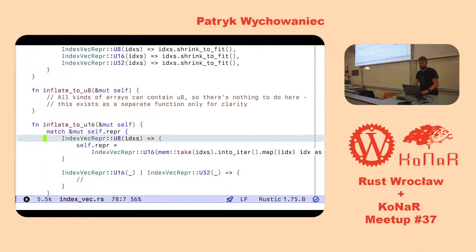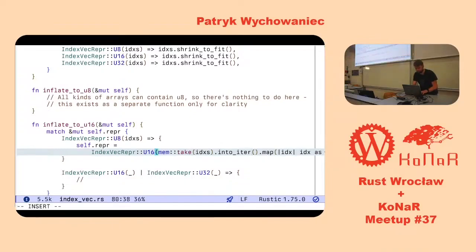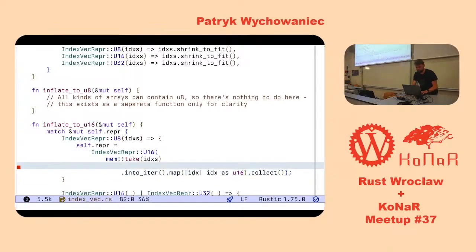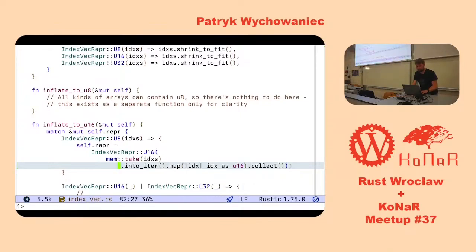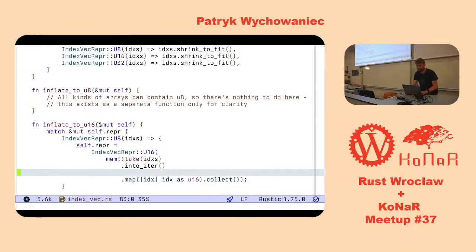It does that simply by copying all of it. Can I maybe make it a bit more readable? But what it does basically is that it creates a new vector, simply copy-pasting what it has inside of it, casting the numbers to this higher value, and recollecting into a larger vector, which is as simple as it takes.